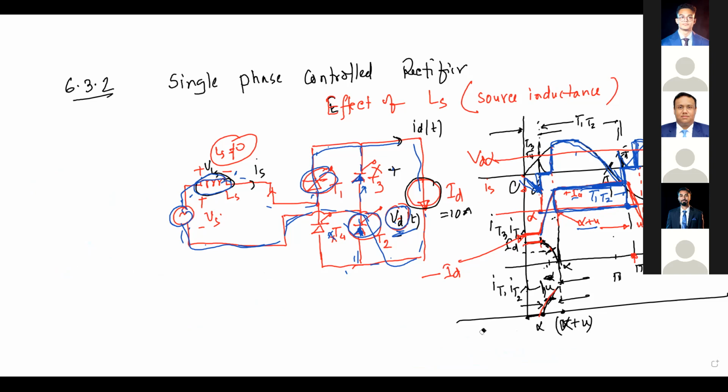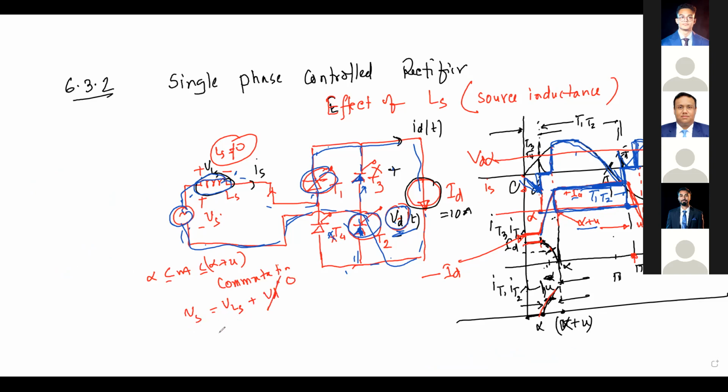Okay. So during the commutation, that means alpha plus commutation, we can write down VS equal to VLS and VD equal to 0.